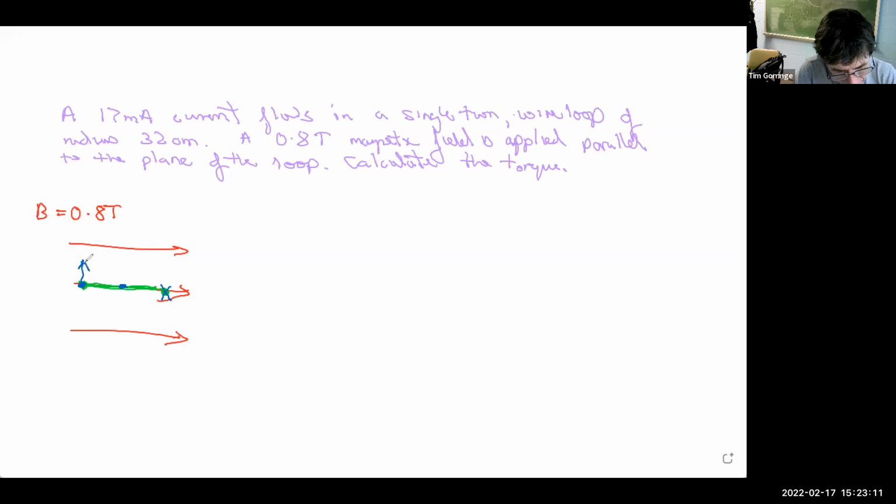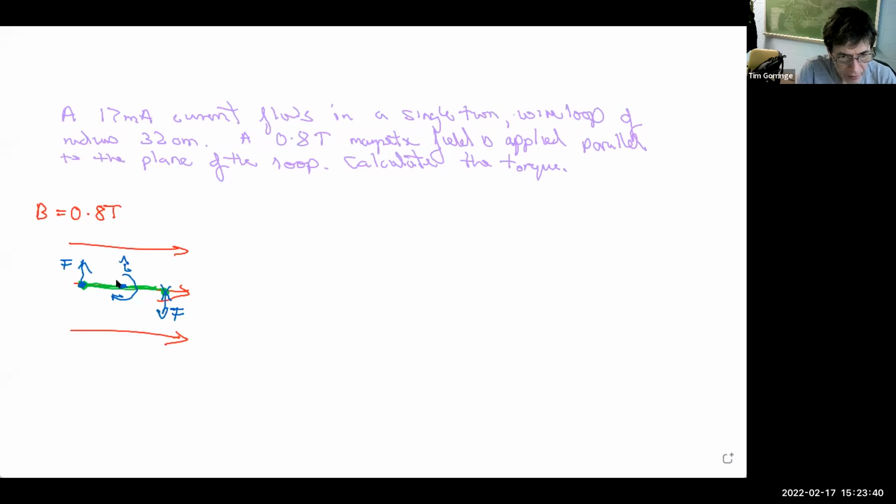The torque arises from a force exerted on the left arm and a force exerted on the right arm. Those forces tend to turn this loop in a clockwise direction by creating a torque about the center of the loop. So that's a picture of what's going on for the loop.